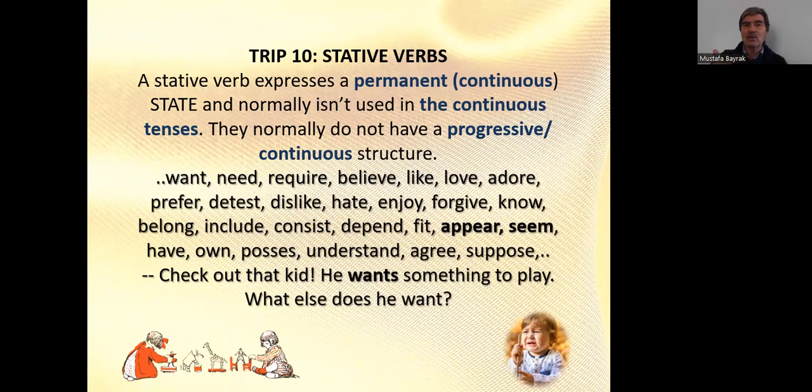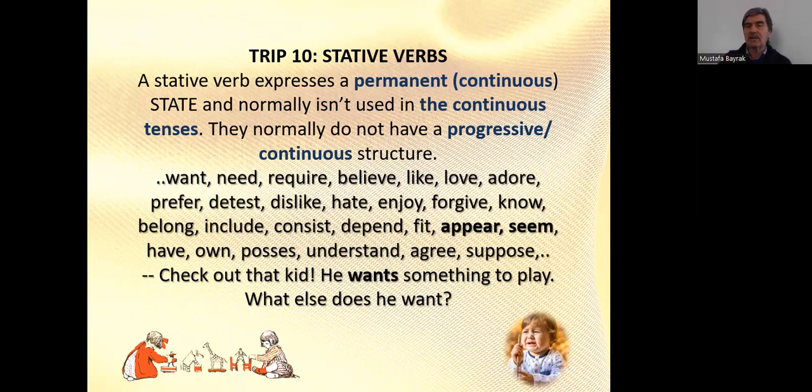A stative verb expresses a permanent, continuous state or position, and normally it isn't used in the continuous tenses. They normally do not have a progressive, continuous structure. For example, want: Ahmed wants a car. Ahmed needs a car. Ahmed requires a car.